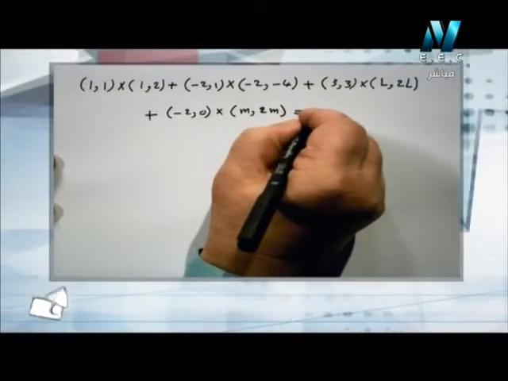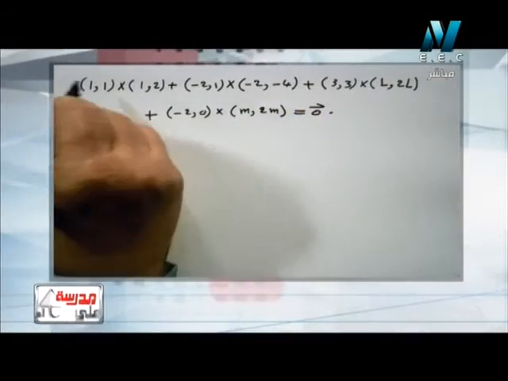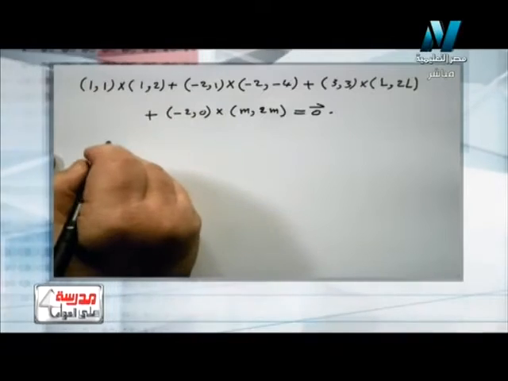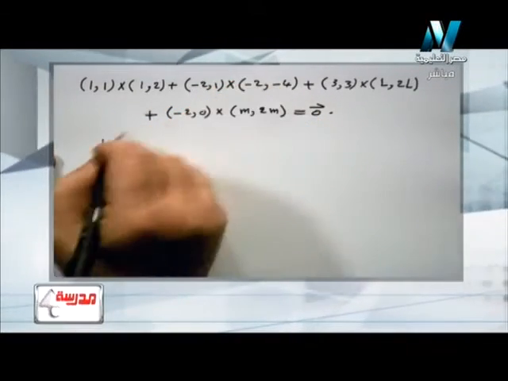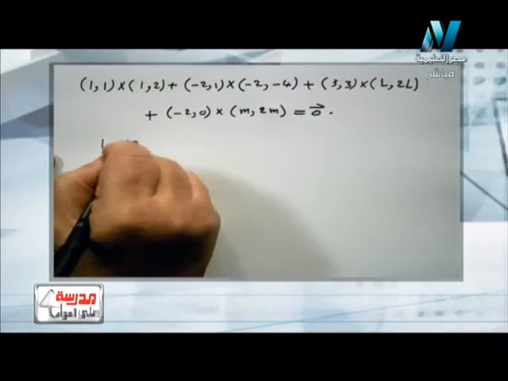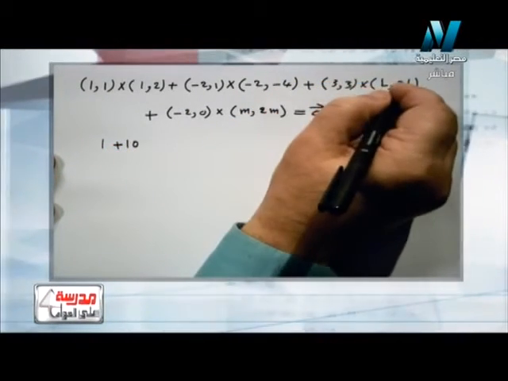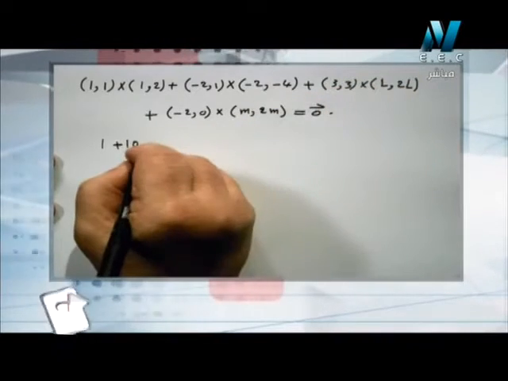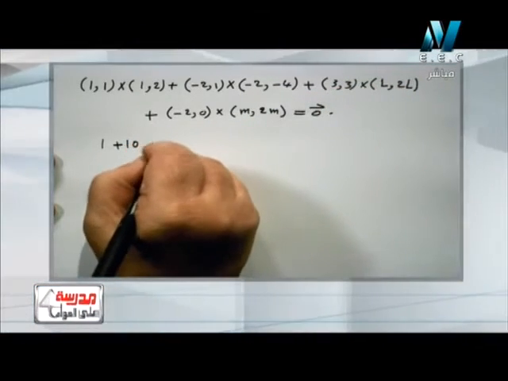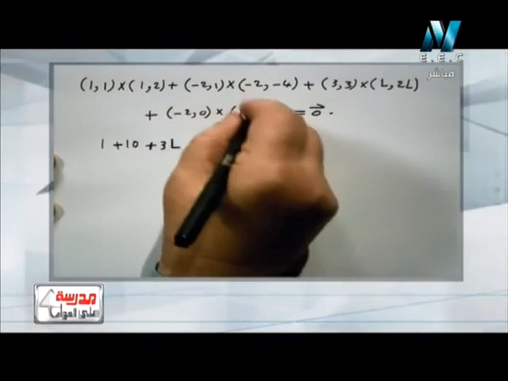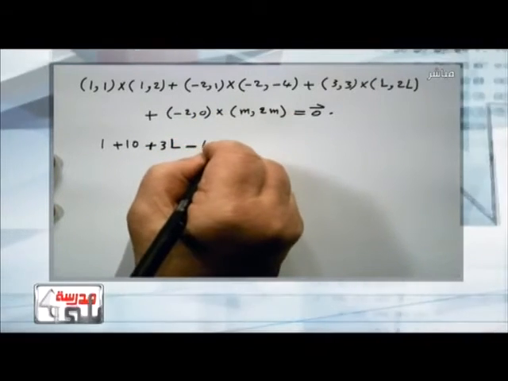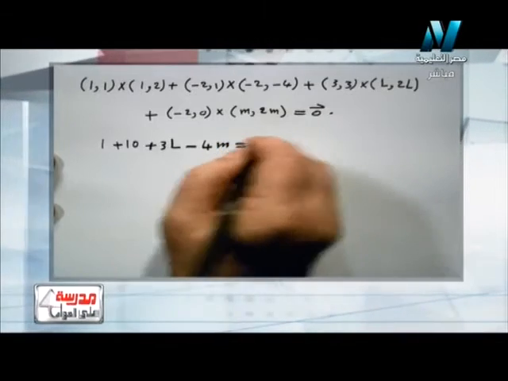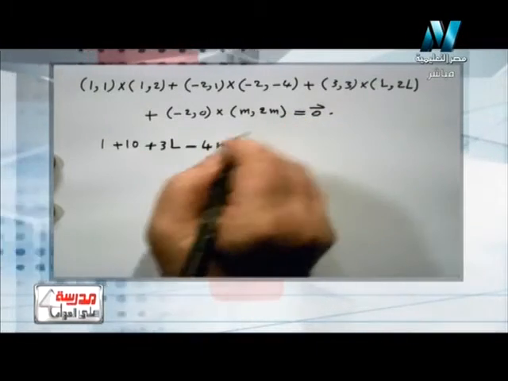all equal 0 vector. We have 2 minus 1 equal 1, 8 plus 2 is 10, 6L minus 3L is plus 3L, -4M minus 0 gives -4M, equal, of course all of this is the K component, equal 0 K vector.